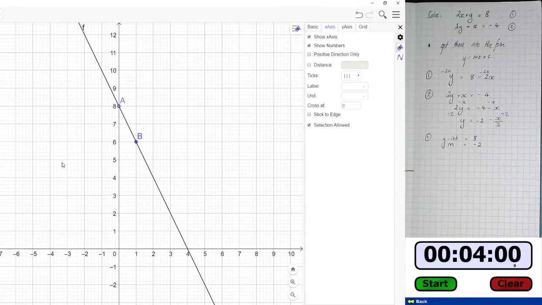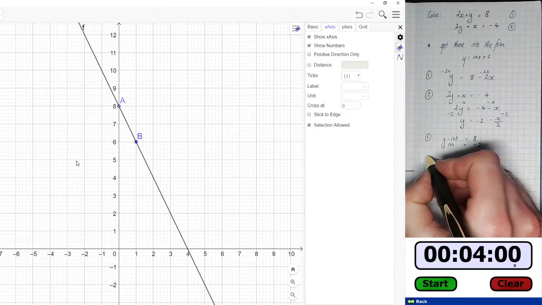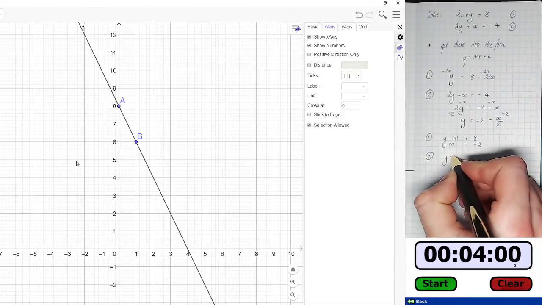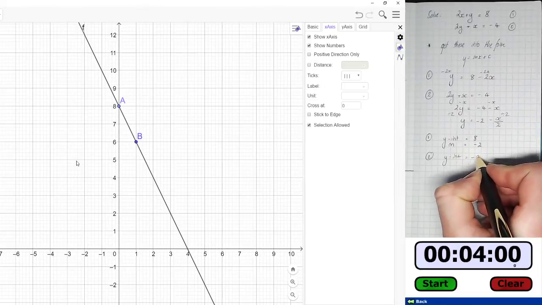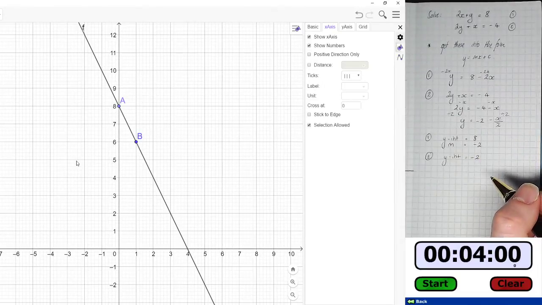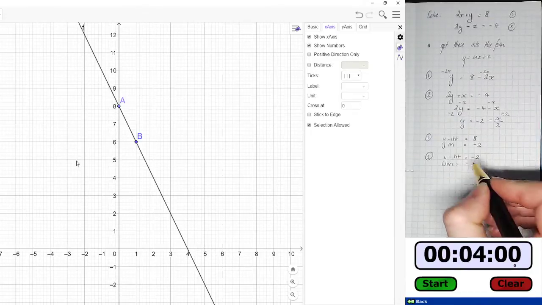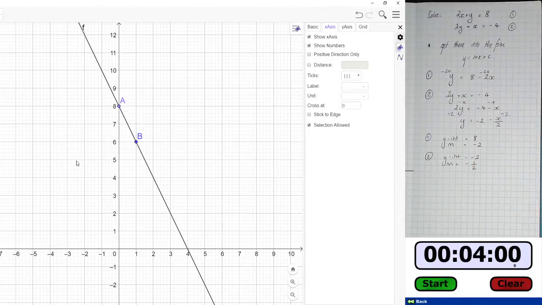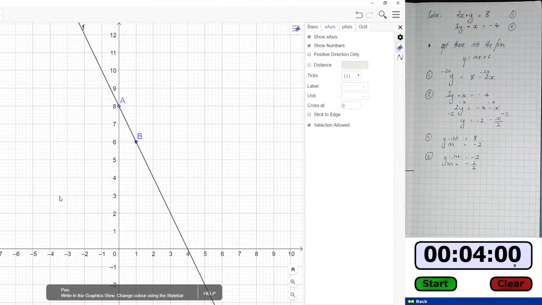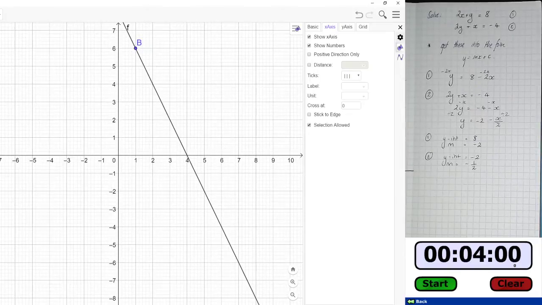Let's have a look at the other one. We've got a y-intercept of -2 and a gradient of -1/2. So again, let's go down to where y equals -2.